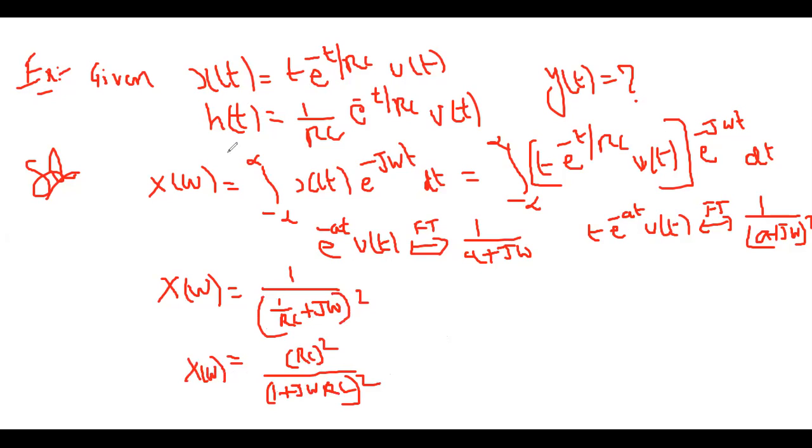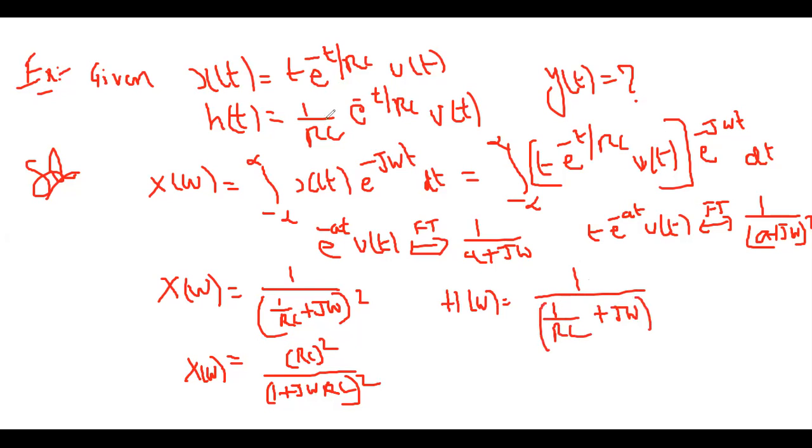What is H(omega) for the same function? h(t) is e^(-t/RC) u(t), so it is also 1/(1/RC + j omega).